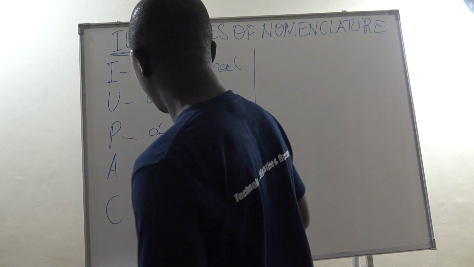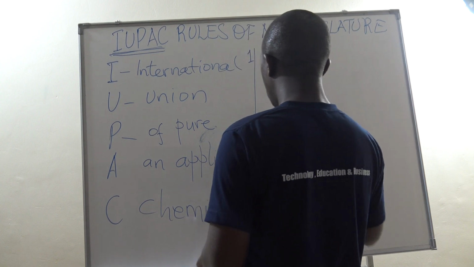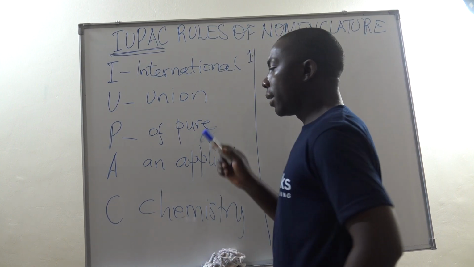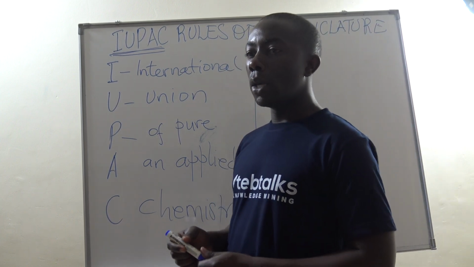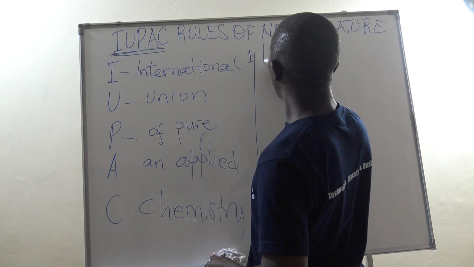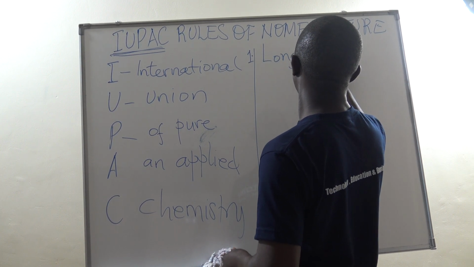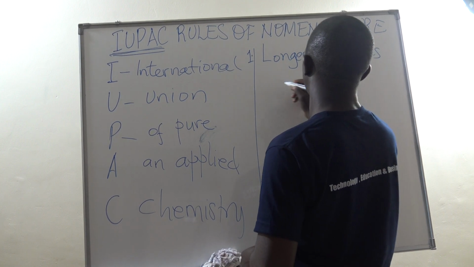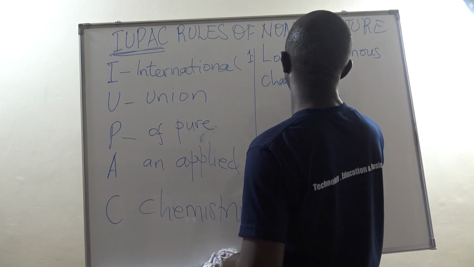Now, rule number one says that when a learner or a chemist is naming an organic compound, they should look at the longest continuous chain.